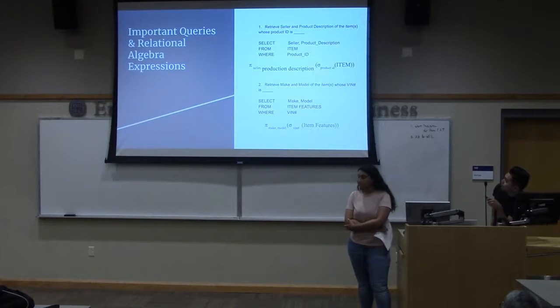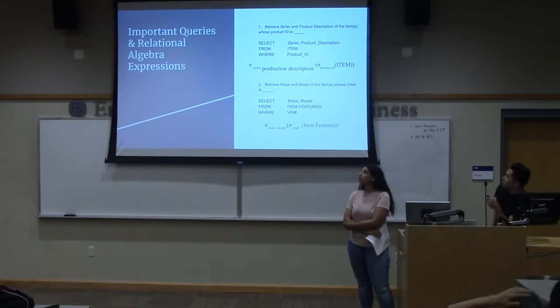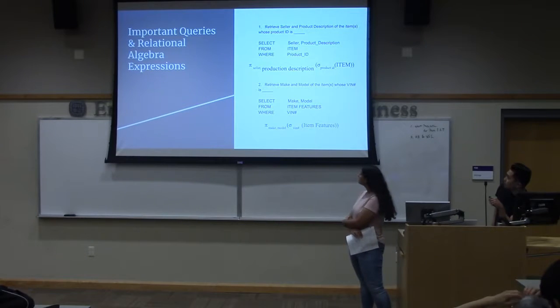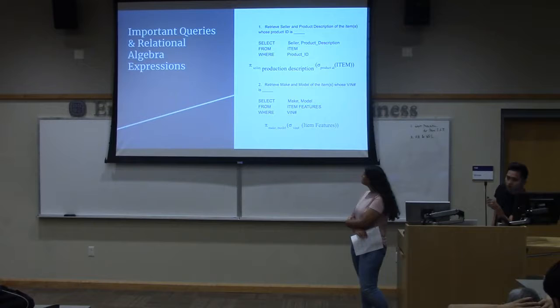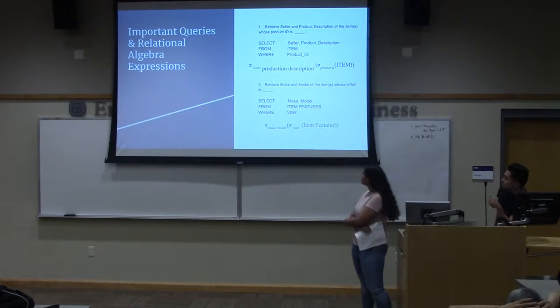As you can see, you select seller product description from the item, which I believe is the superclass, and you get it for the product key. What was it called? PK? Primary key, which is the product ID. And underneath, you'll see the relational algebra right here.